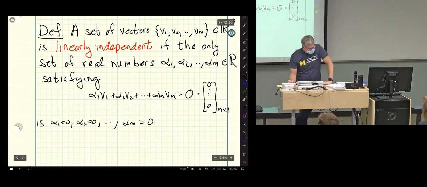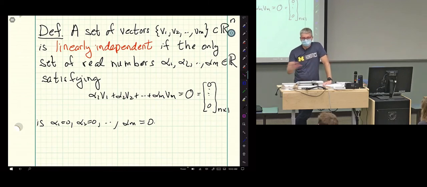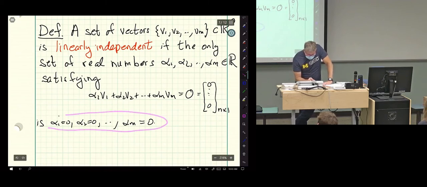Okay, let's take this apart. It's clear alpha 1 equals 0, alpha 2 equals 0, ..., alpha m equals 0 will always add up to the zero vector. That's always a solution. So the question is, are there other solutions that are not trivial? So this is the trivial solution, all of them being 0. Okay?